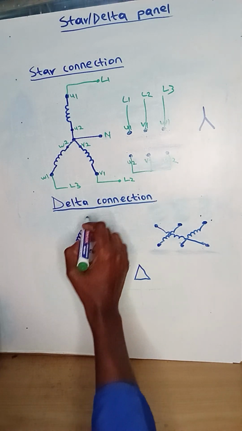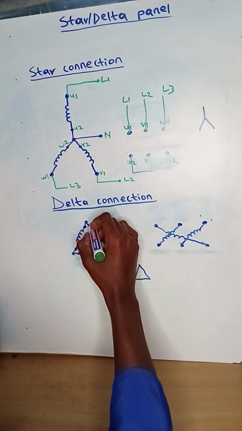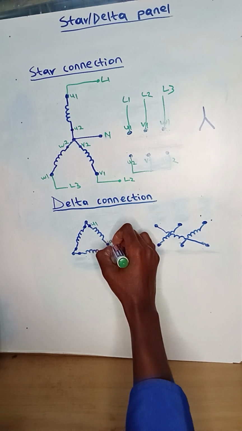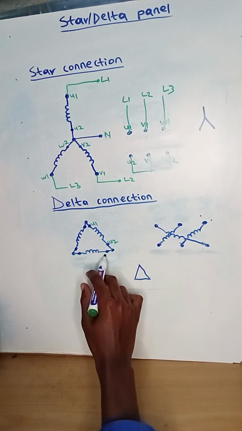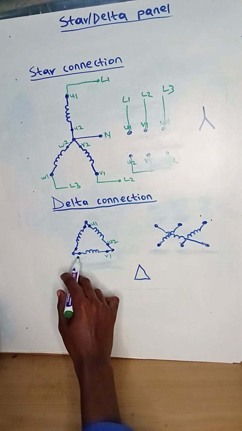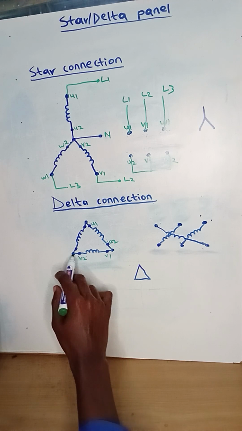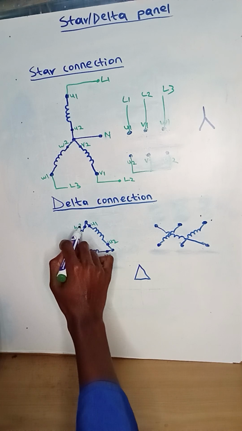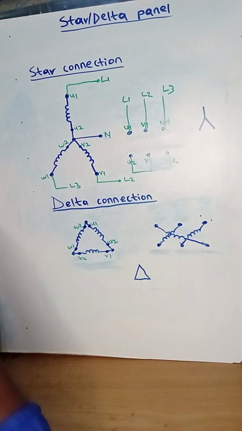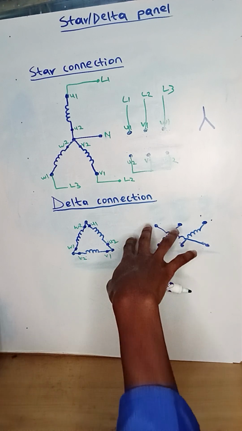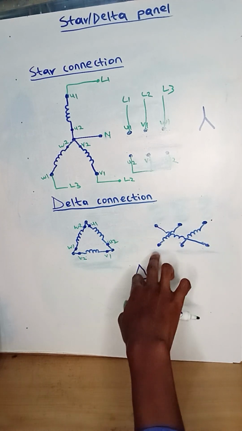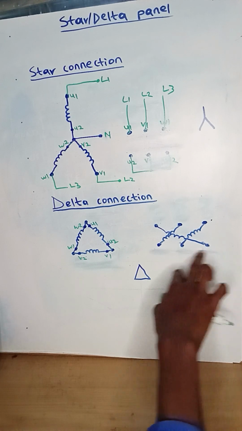From the first winding, we'll have U1, from where it starts and where it ends is U2. And this winding, where it starts is V1, it ends V2. This one, where it starts W1, where it ends W2. So that's how it is. Right. So always my top points are my ones, and bottom points will be my twos.